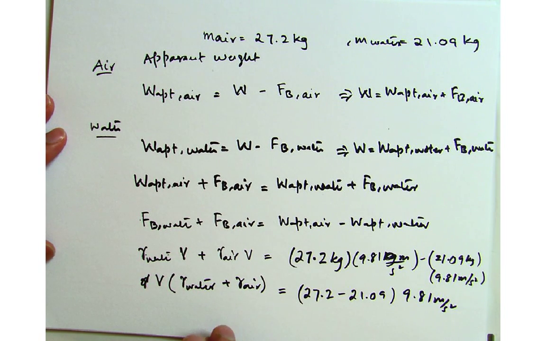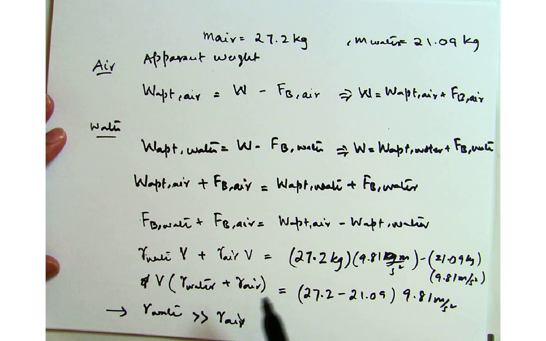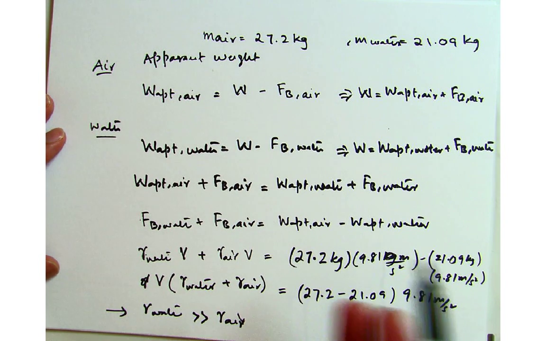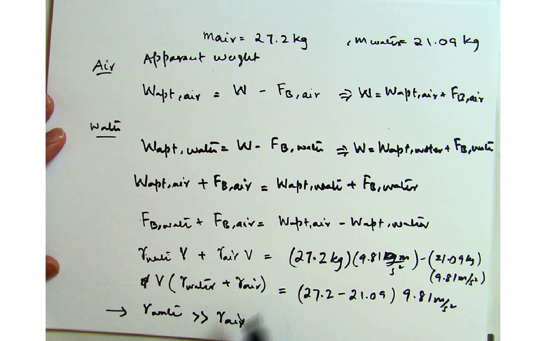But now I can realize one thing: the gamma of water is much greater than the gamma of air. We know that the gamma of water is, I think, 1000, and the gamma of air is maybe 5 or 10. So we can basically neglect this, and it approximately goes to 0.